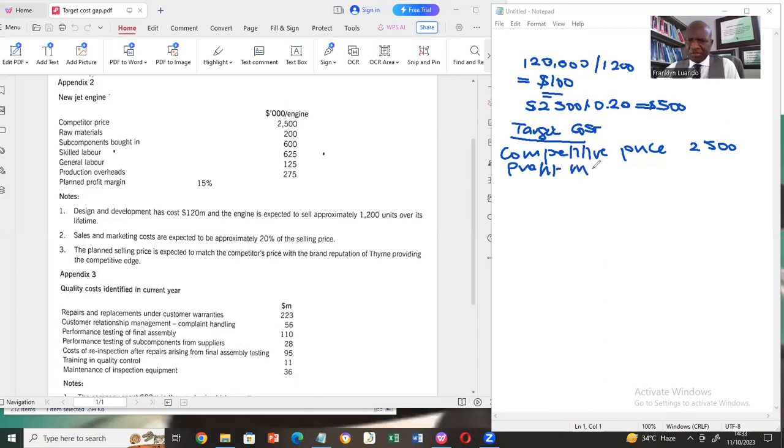Profit margin is 15%. How much do we get? 15% gives us 375.